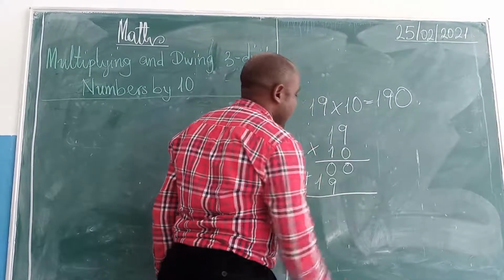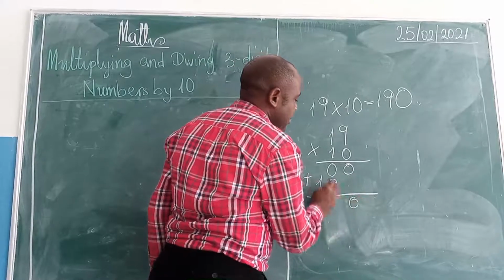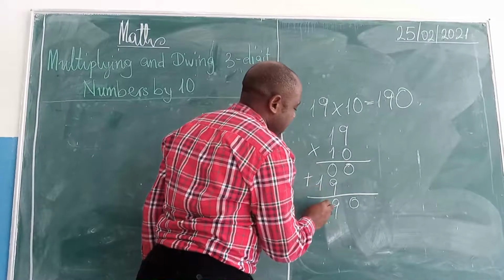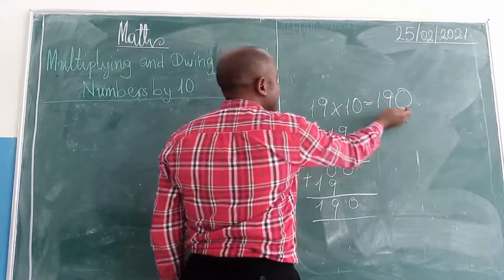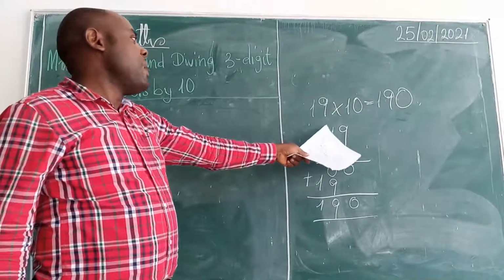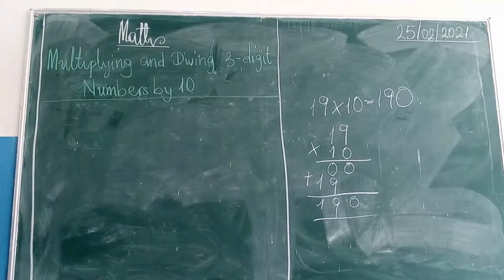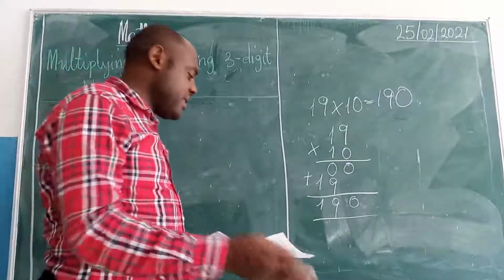And I add the products. This will be 0. 0 plus 9 is 9. And 0 plus 1 is 1. My answer is 190, and the same thing here, 190. This technique applies with all multiplication of numbers by 10.